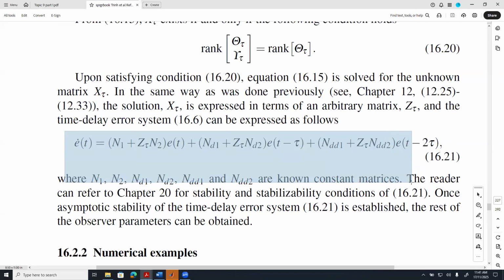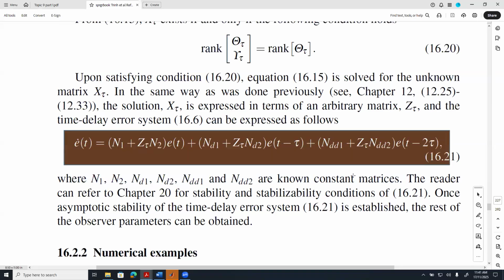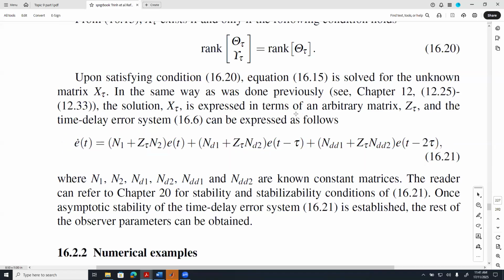And so it's just a matter of stability analysis or stabilization, where we find this arbitrary matrix to ensure exponential stability. And this is basically discussed in our chapter 20.